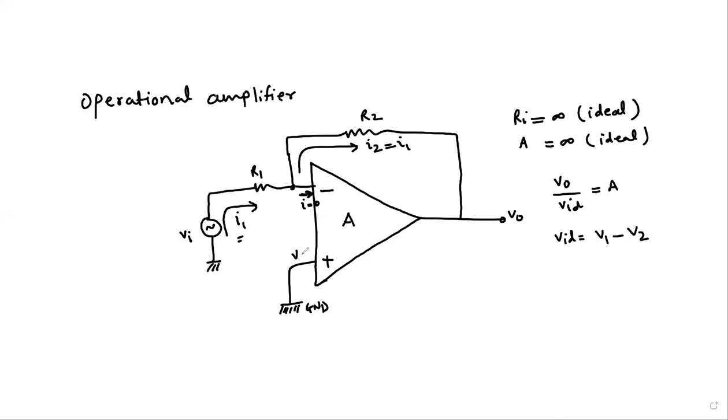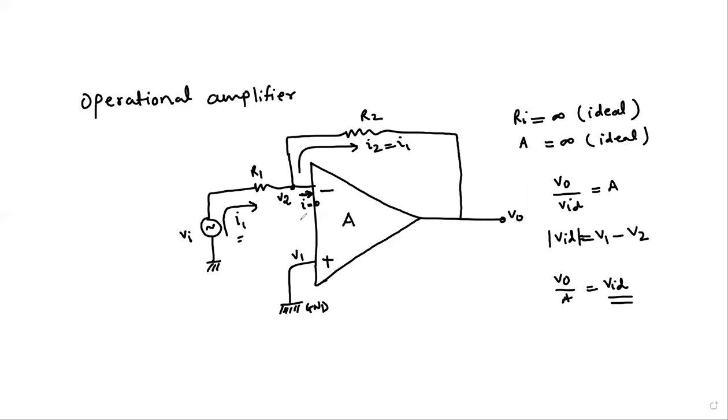So here we have V1 and this is the terminal V2. We can also write output divided by the gain is nothing but VID, the differential input voltage.